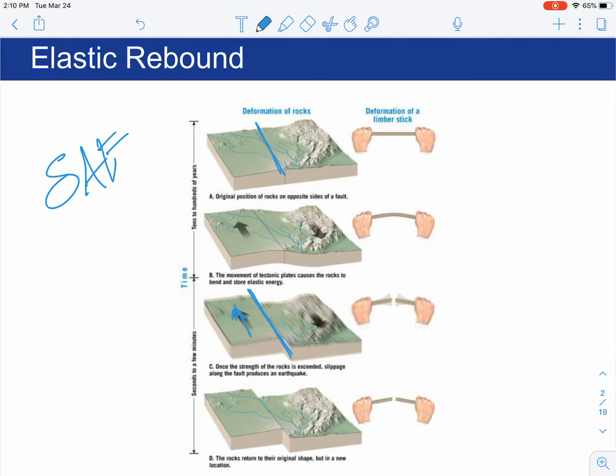And rocks are slipping and sliding in opposite directions. Again, this is like this San Andreas Fault. So this would be the Pacific Plate over here, and then this would be the North American Plate.